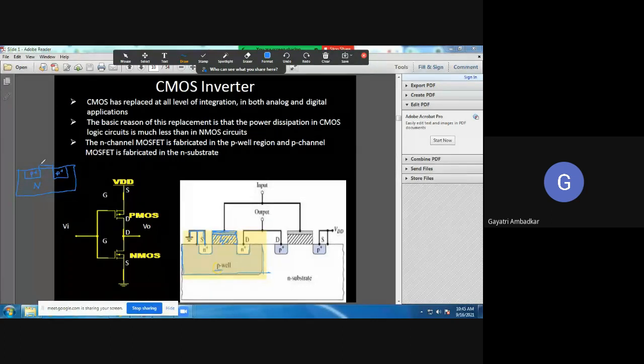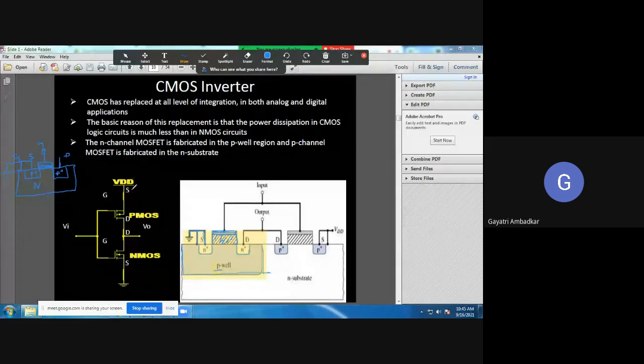This is the SiO2 layer, and above that we have a gate. This will be our gate terminal. This is the source and this is the drain, and this is the substrate. Source and substrate are connected together and we will ground it. This is your drain terminal. This is the source terminal. This is the substrate terminal or body terminal.